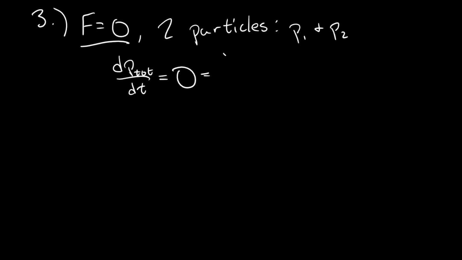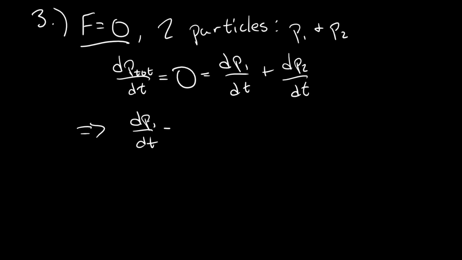But this is going to be equal to dp1/dt plus dp2/dt, because the total momentum is the sum of momenta. So I can then just rewrite this: dp1/dt is equal to minus dp2/dt.